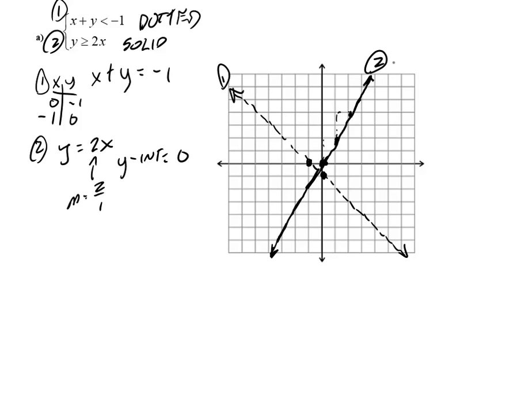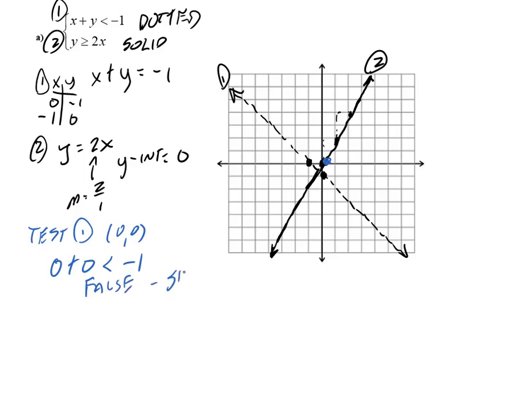All right, so for each one of these, we'll shade. We're going to test a point for each one. So testing a point for number 1, the dotted line, we can actually test the point (0, 0). So (0, 0) is on the right side of my dotted line. And if I test (0, 0) in the first equation, I get 0 plus 0, which is supposed to be less than negative 1. 0 is less than negative 1 is false.